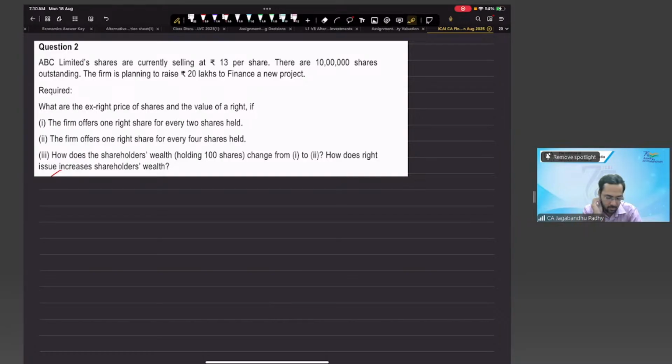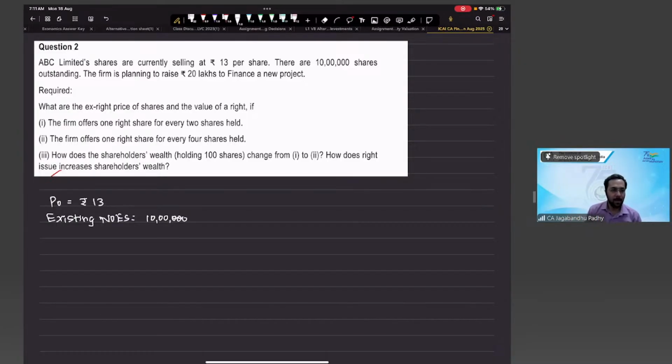So the current market price is 13 rupees. There are 10 lakh shares outstanding, so the existing number of equity shares is 10 lakh.